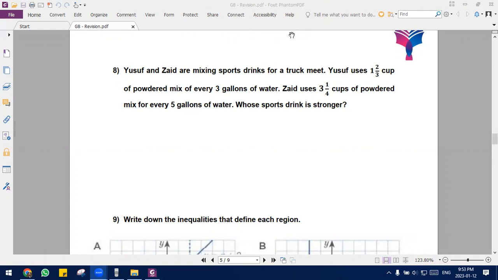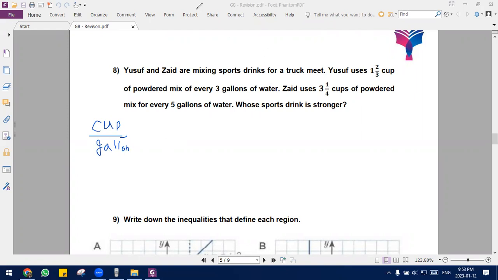So to find the stronger, first we need to define the ratio. So I'm finding how many cups of powder per how many gallons, or let's say per 1 gallon. So I'm trying to find here the unit rate, like how many cups per gallon. So we need to divide the amount of cups used by the gallons of water that they add.